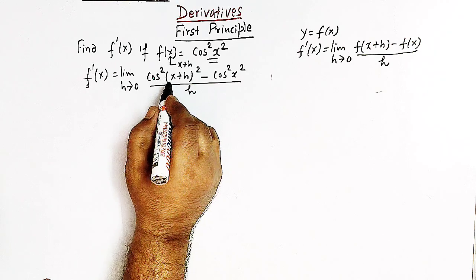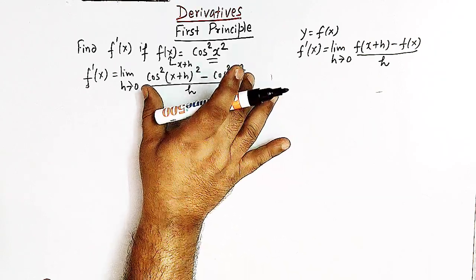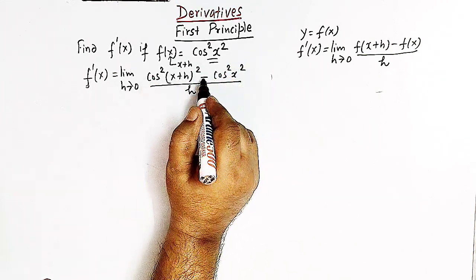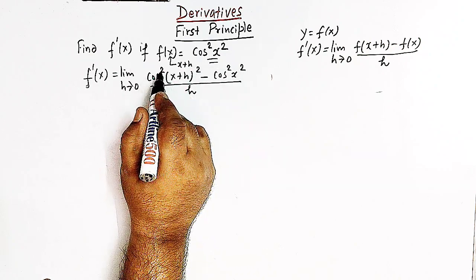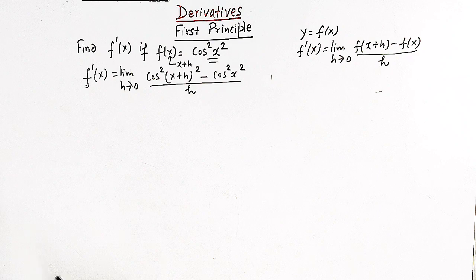Now here we can see that we have the difference of two terms containing cosine square. So here we'll make use of one important identity from trigonometry.